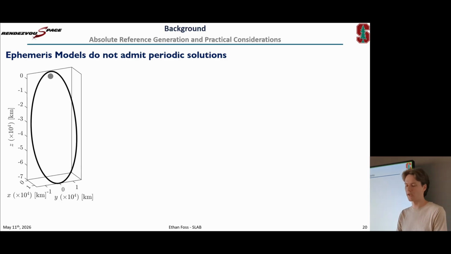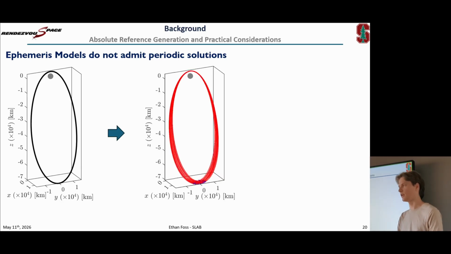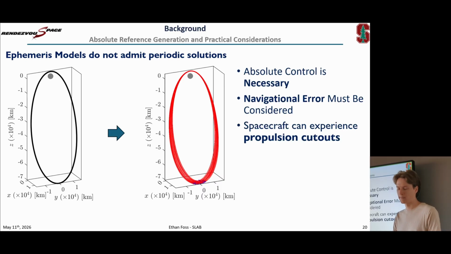So we actually have to perform this non-trivial process of generating some trajectory in a nearby vicinity to these periodic orbits using differential corrections. And the key thing to note here is that we ultimately break periodicity of our orbit. So in a lot of ways, this makes it challenging to apply a lot of the techniques that leverage periodicity of orbits to these settings.